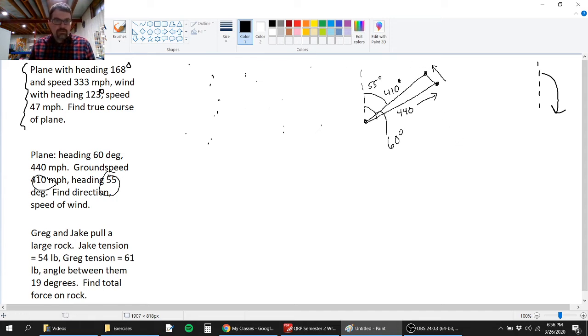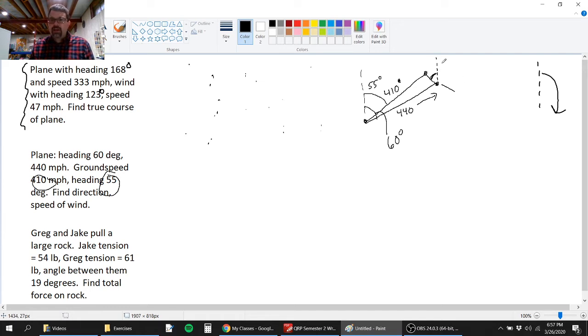All right, so let me try to erase this guy. There we go. So in terms of the direction the wind is blowing, well, this is the start of the wind vector. This is the end of the wind vector, which means at the beginning of that vector, we need to put in a north line. And what we'd like to know is what this angle is right there.